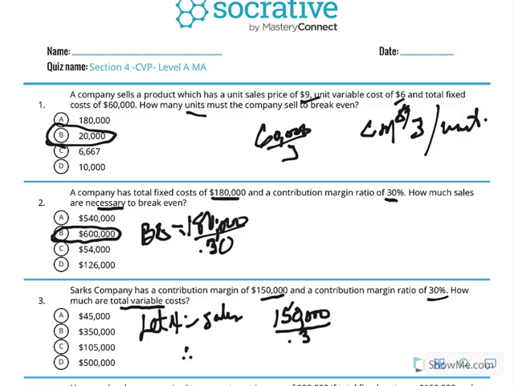So therefore, X is equal to 500,000. And if X is 500 and the contribution margin is 150,000, then the answer here is 350,000.